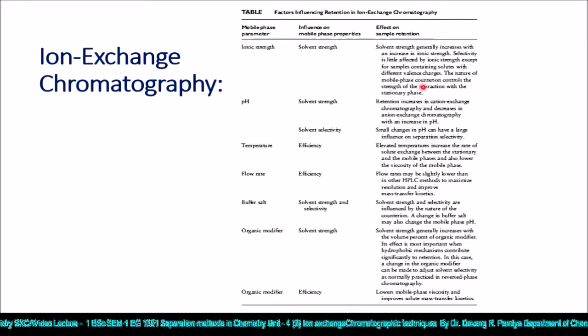The nature of the mobile phase counter ion controls the strength of the interaction with the stationary phase, and that way the strength of the solvent is affected by ionic strength. Similarly, these different parameters have different effects on sample retention in ion exchange chromatography.